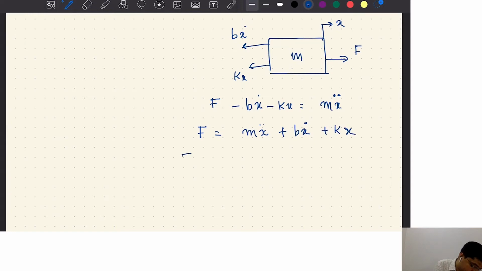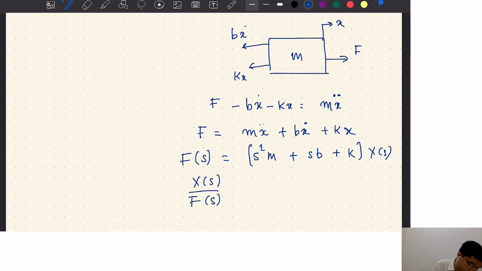I can write this in the Laplace domain as F of s equals (s square m plus s b plus k) times X of s. If x is the output and the force is the input, I have a nice transfer function: 1 over (s square m plus s b plus k).